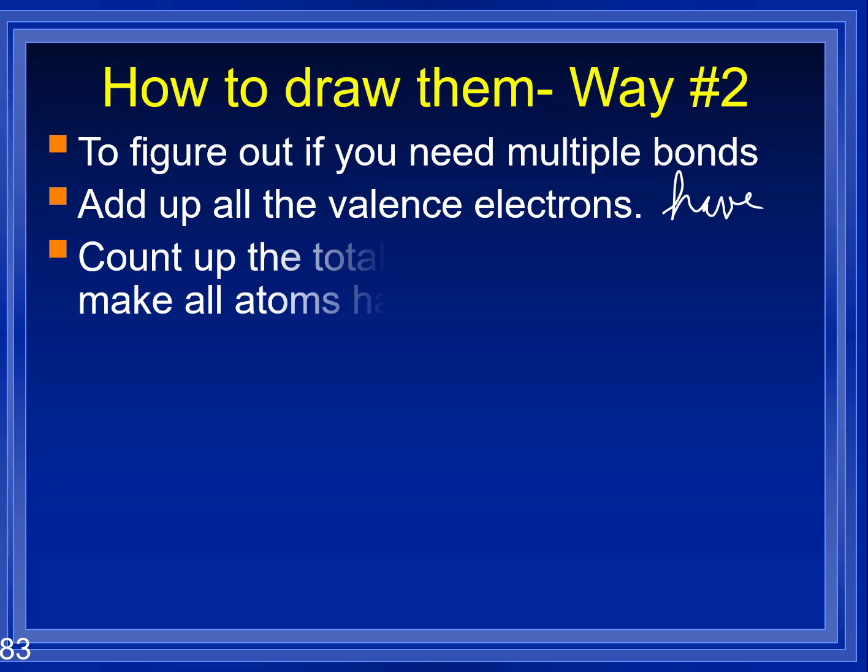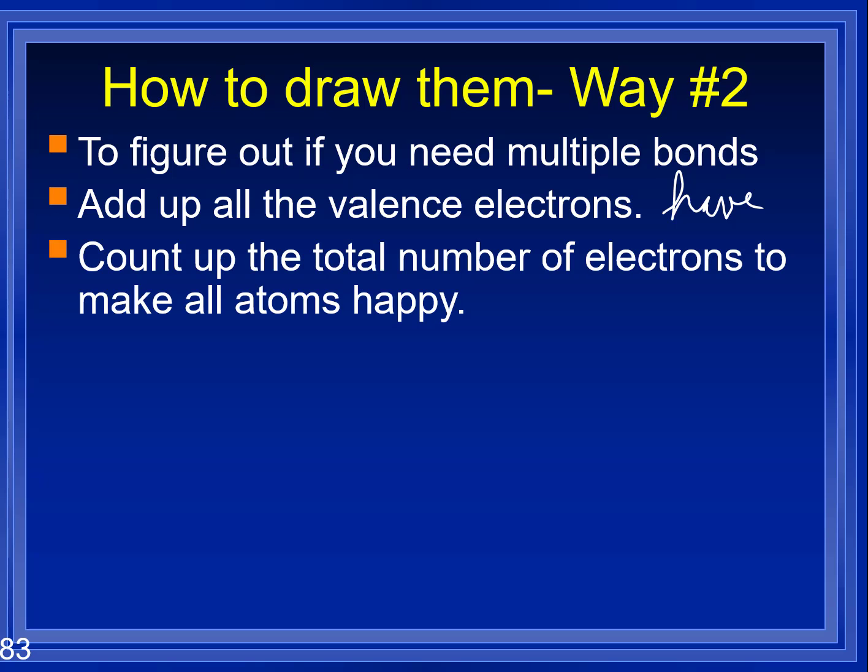Then, count out the total number of electrons you would draw if every atom was a noble gas by itself. How many total electrons you would have if everything was happy, unattached, just sitting there by itself. This is either going to be 8 or 2, those are the only two options for each atom. 8 if it's anything other than hydrogen, and 2 if it's hydrogen.